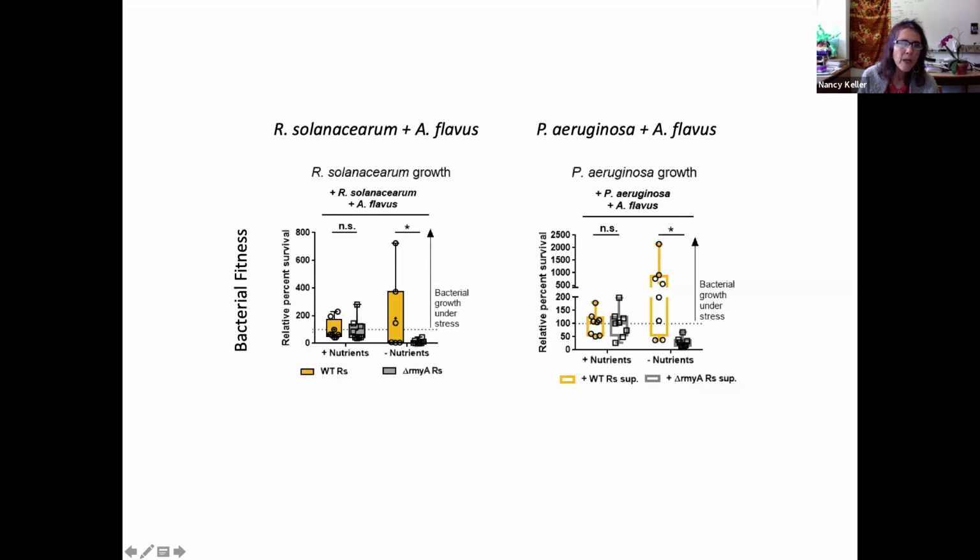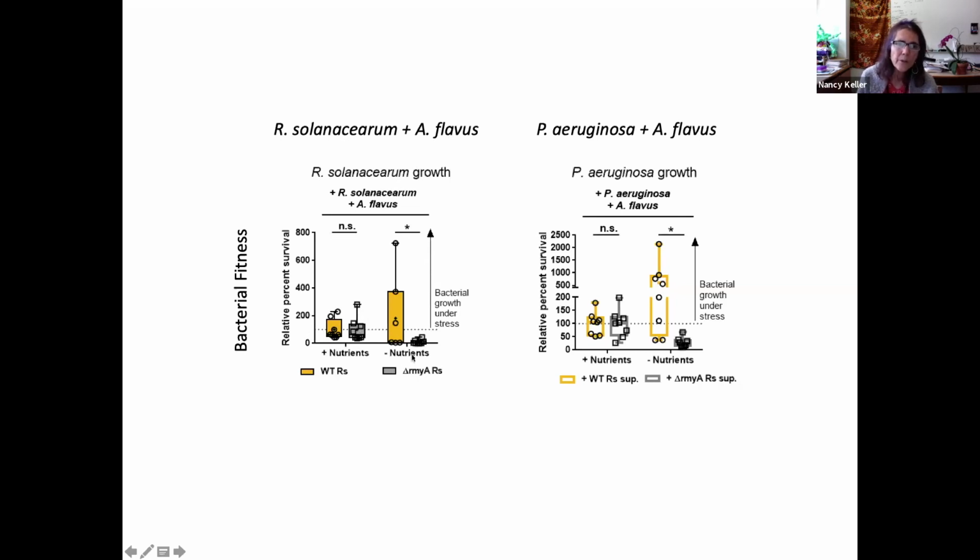And when she grew them in a situation where there was lots of nutrients for the bacterium, both the wild type bacterium and the bacterium lacking ralsolomycin grew equally with Aspergillus flavus.